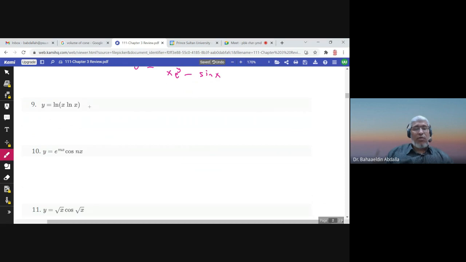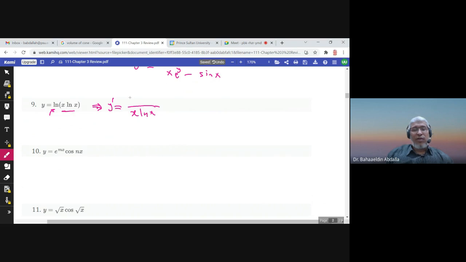Here we have a composition, so we use the chain rule. The derivative of the outer function, which is ln, is 1 over x ln x, times the derivative of x ln x. And this is a product.